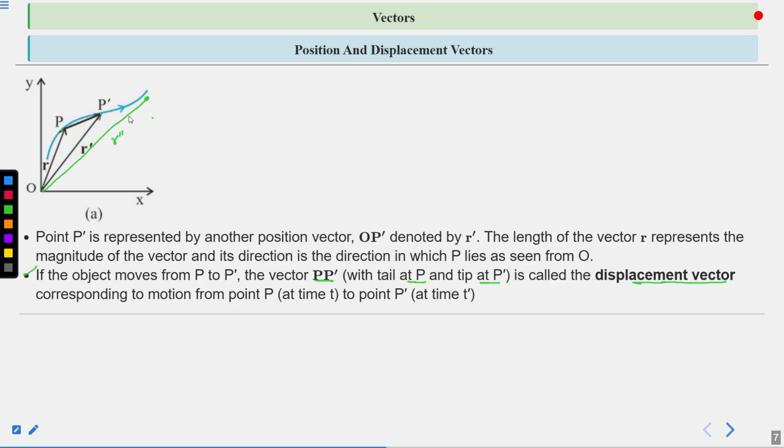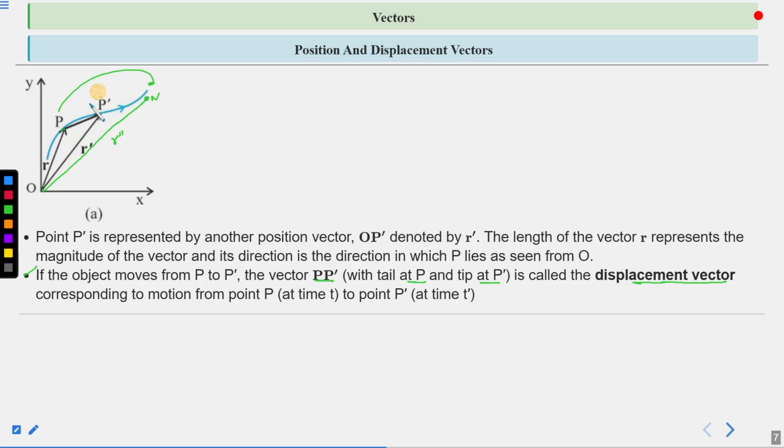So what will be the displacement? If we talk about the displacement vector, it will go from P to N. Draw an arrow. So it will be PN. PN is the displacement vector of the particle which changes position from P to N.